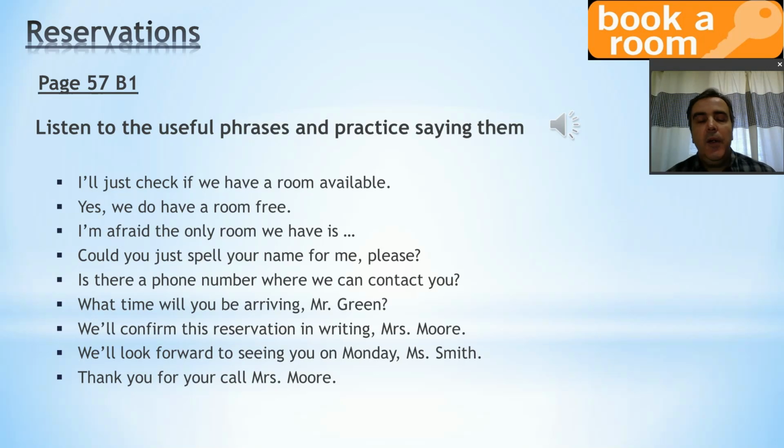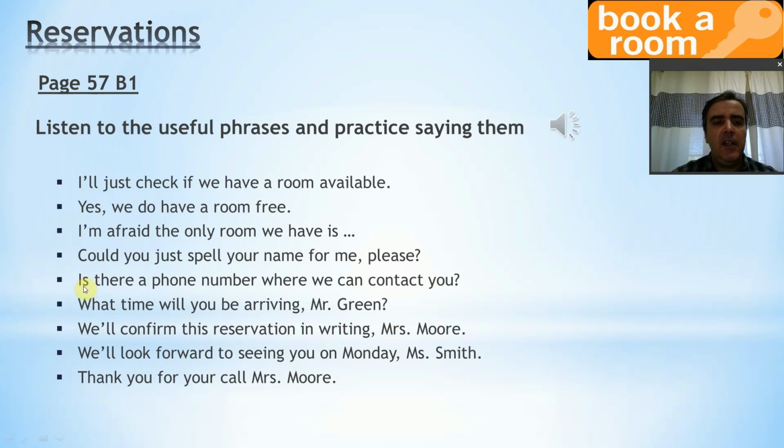Okay, so we'll notice there all of these phrases very, very useful for confirming reservations, also for asking for information there as well. We should notice as well the language that is being used. It's all very formal English, very polite, high-level English. So we're not asking direct questions.